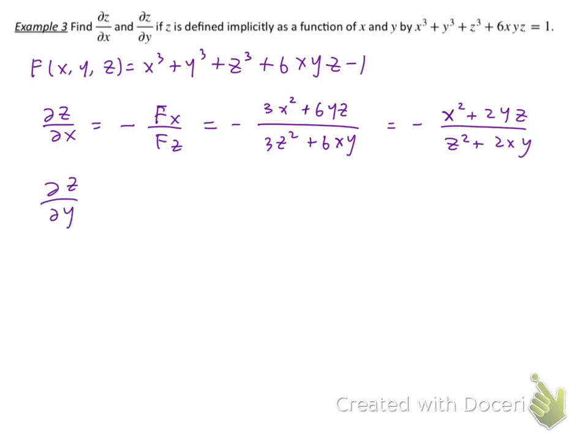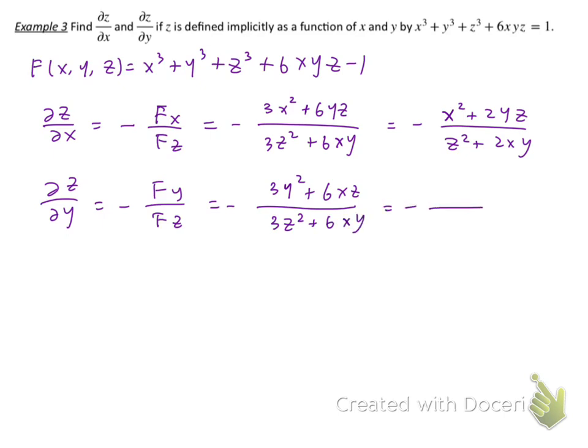Similarly, I can do partial z partial y. That will be negative F partial y over F partial z, and that is 3y squared plus 6xz over 3z squared plus 6xy. Dividing by 3, I'm having negative y squared plus 2xz over z squared plus 2xy.